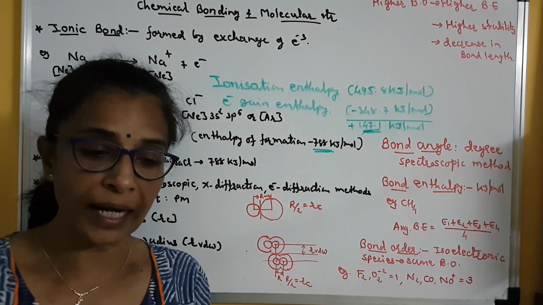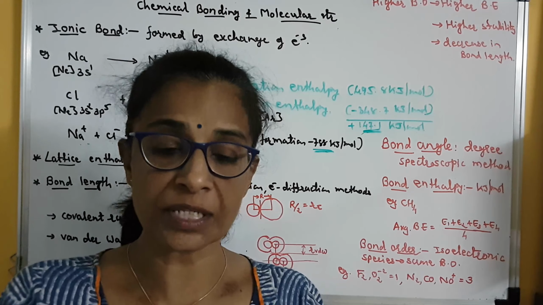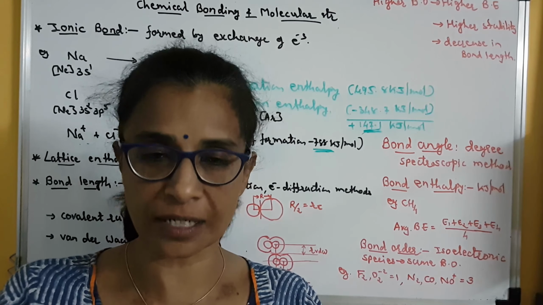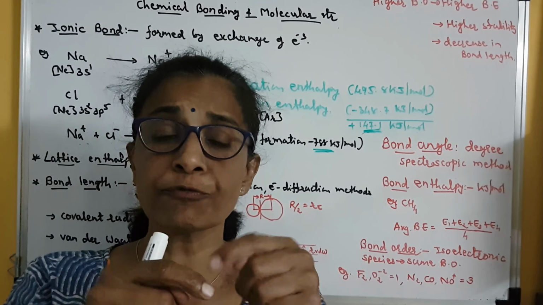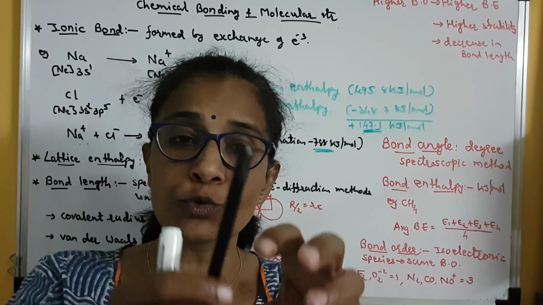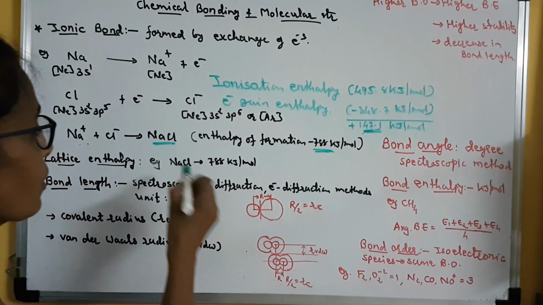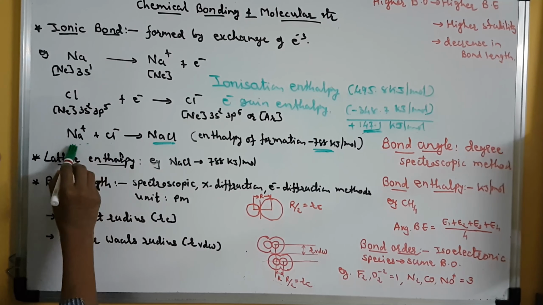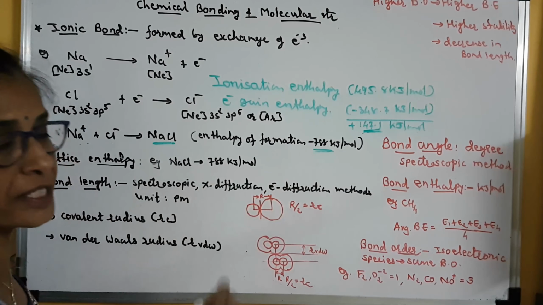We also know that bond formation is exothermic, meaning when the bond is formed, energy is released. When the bond is broken, energy is absorbed. Clear? If we need to break anything, we need to supply energy. We need to use energy. So here also, when the bond is formed between Na+ and Cl-, energy is released.